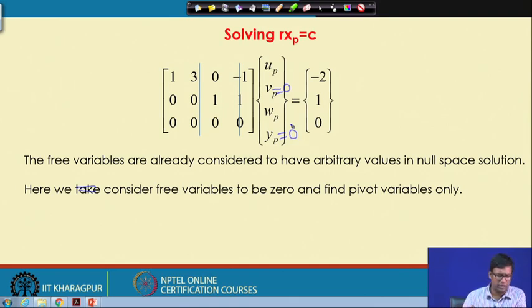So, we are left with a two equation two unknown system, and the last equation is of no use, so you can delete it; it is basically 0 is equal to 0.